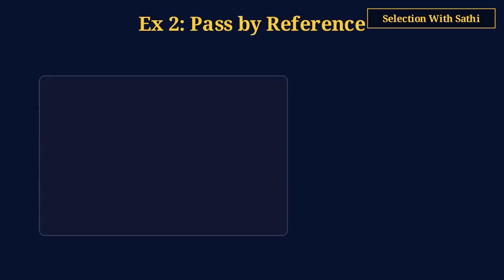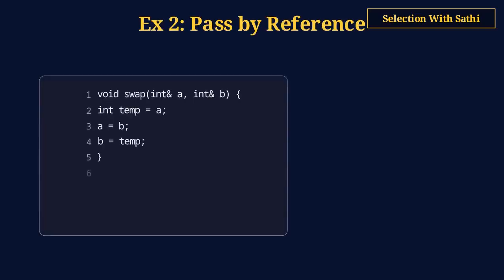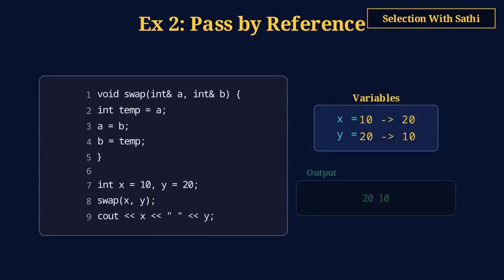Second example, reference versus pointer. We have int x = 10, then int &ref = x and int *ptr = &x. Setting ref = 20 changes x to 20 directly, no dereference needed. Setting *ptr = 30 changes x to 30, we need the star to dereference.